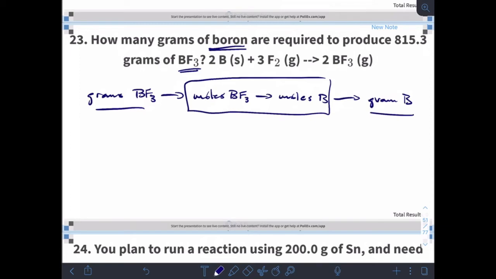Okay, so our boron trifluoride, hopefully you've already worked this out, but we'll go through it real quickly.